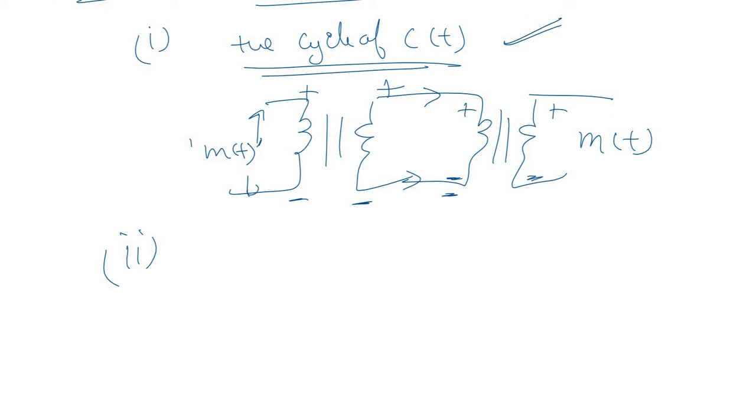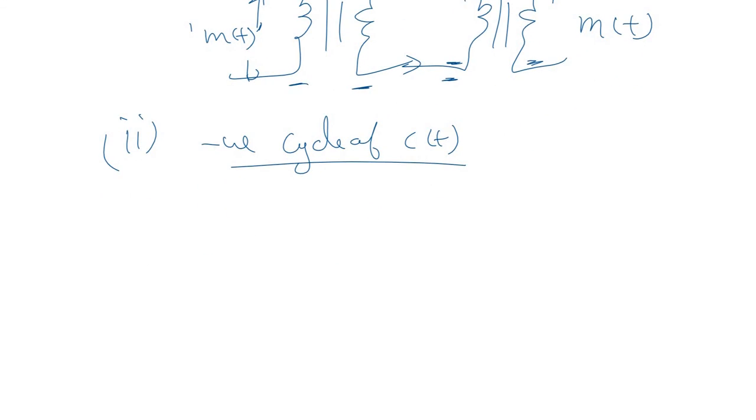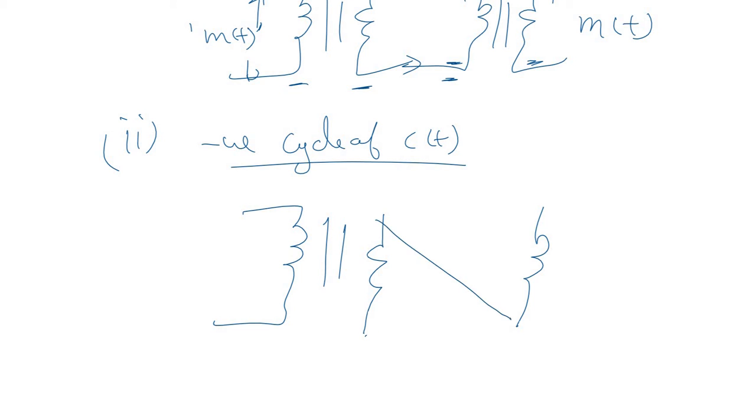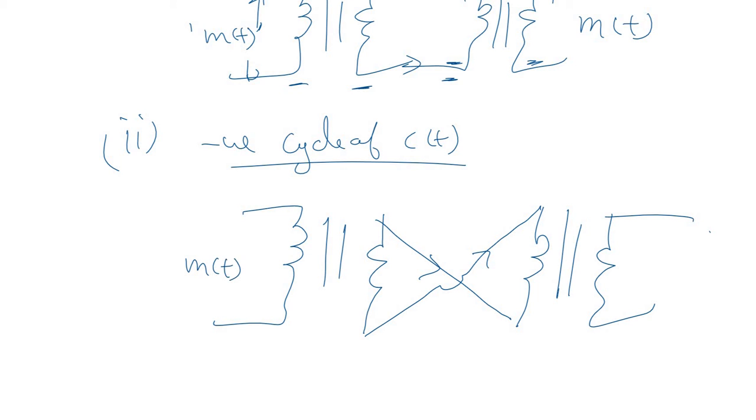And for the negative cycle of c(t), this circuit can be simplified as we have already seen previously. It will be something like this. If we apply m(t) over here with some polarity, positive and negative, the same will be induced here.